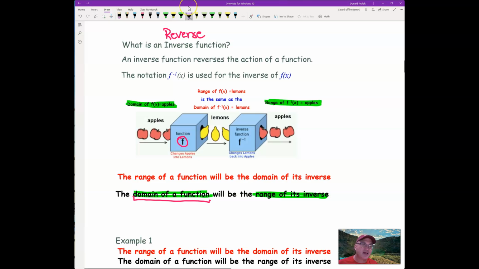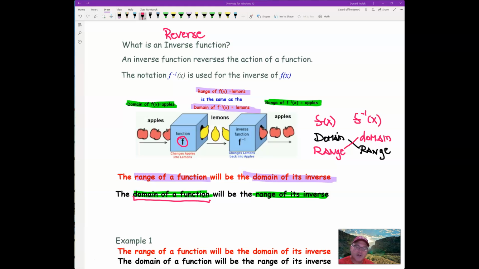At the same time, the range of the original will be the same as the domain of the inverse. They're both lemons. So the domain and the range of the original switch: the domain becomes the range of the inverse, and the range of the original becomes the domain of the inverse. I'll draw a little picture here to show you that.